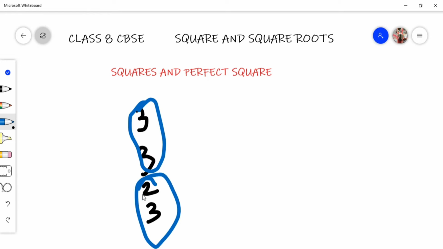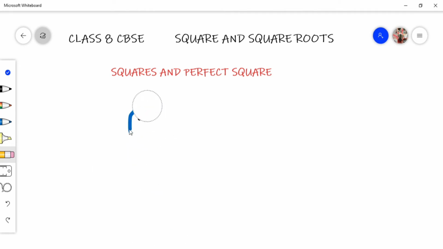So this is not a perfect square number. The grouping should always be correct, and one group should have two same numbers in it. Understood? So this is how to find a perfect square number.